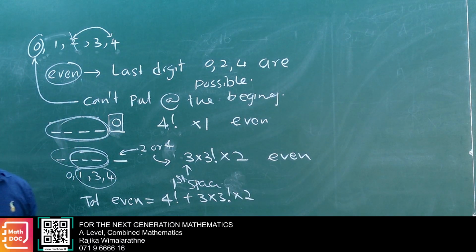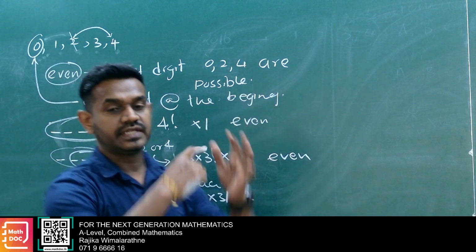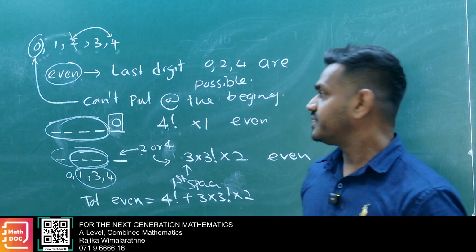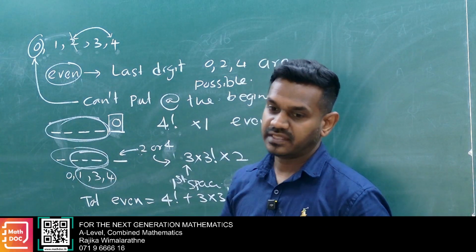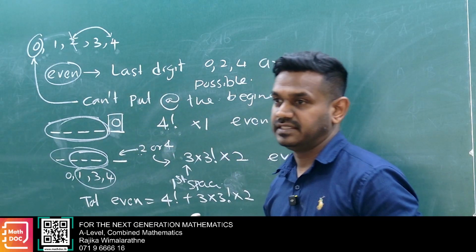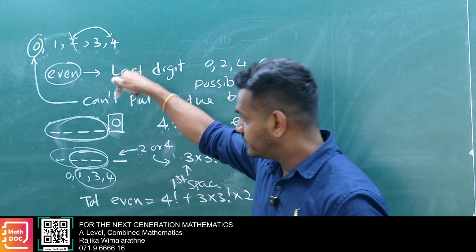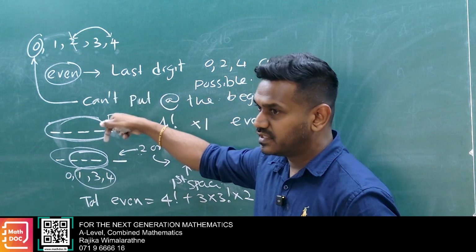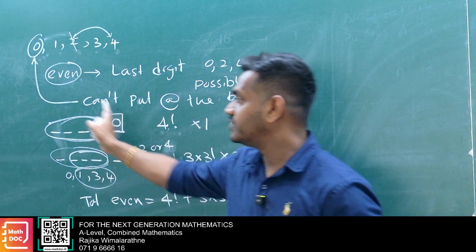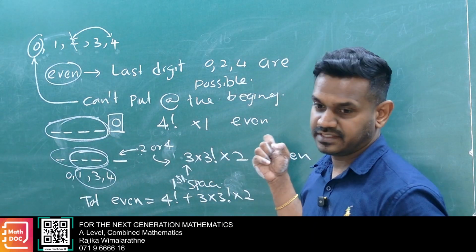Total even numbers. If we have 0, then we have to think a lot. We can't put 0 at the beginning, and for even you also have to think about the last digit. So first you fix 0 here, then it is surely even, and 0 is not at the beginning. You arrange the other 4 in 4 factorial ways.